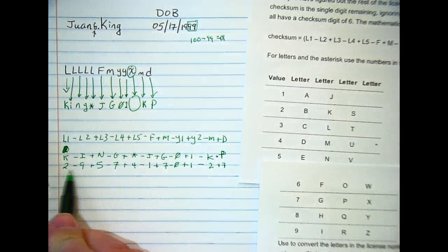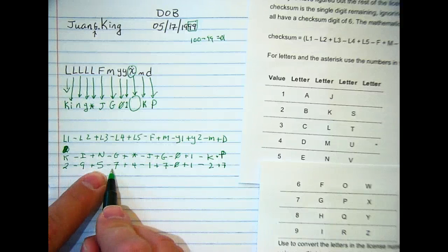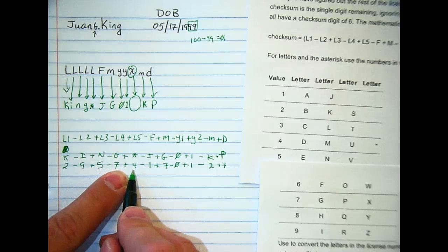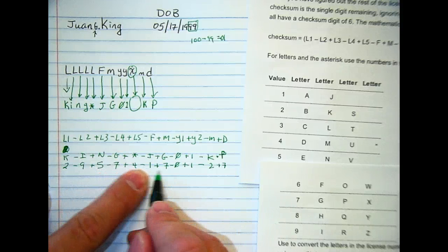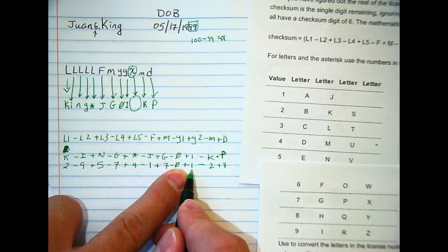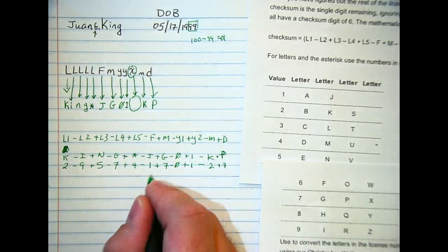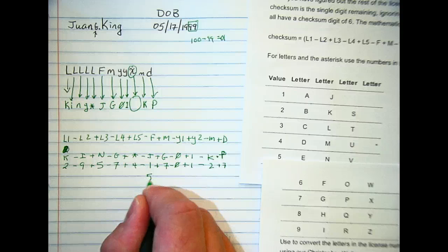All right, so 2 minus 9, negative 7, plus 5 is negative 2, minus 7 is negative 9, plus 4, negative 5, negative 6, positive 1, 0, minus 2, negative 2, plus 7 is 5.